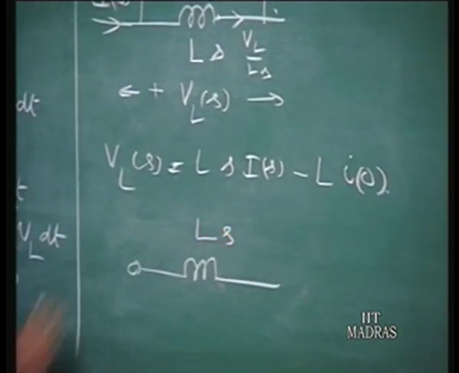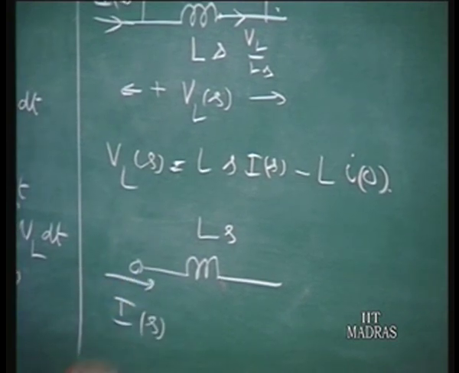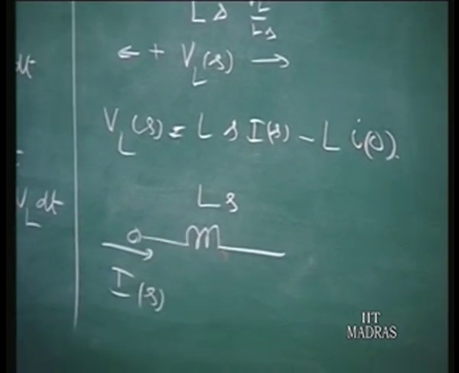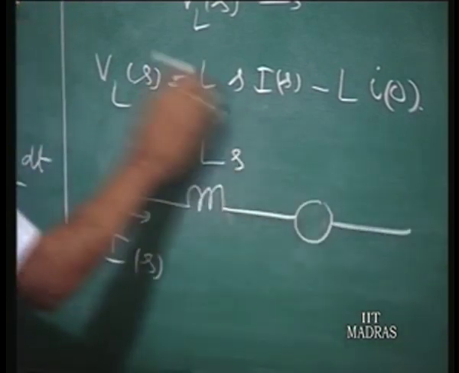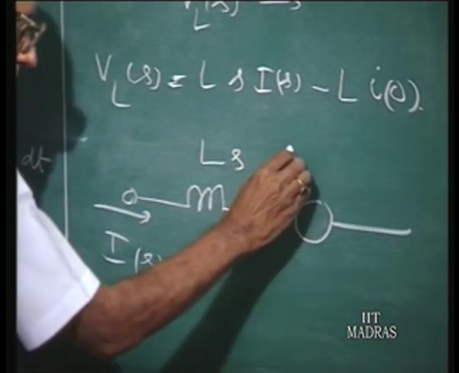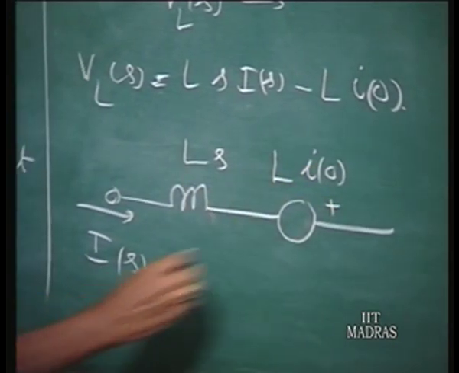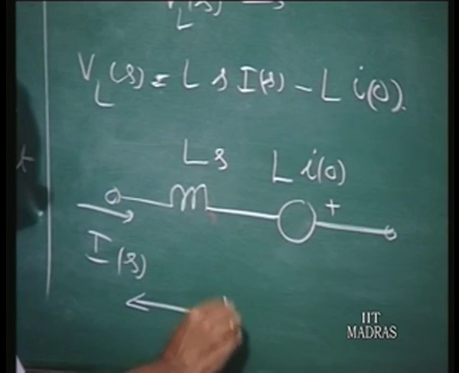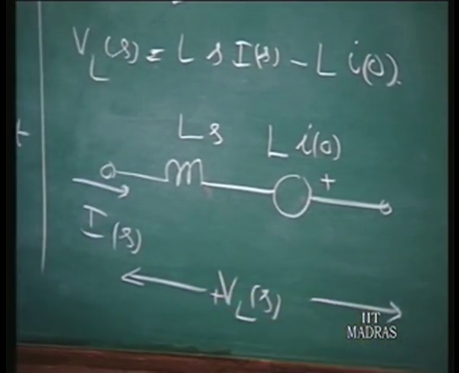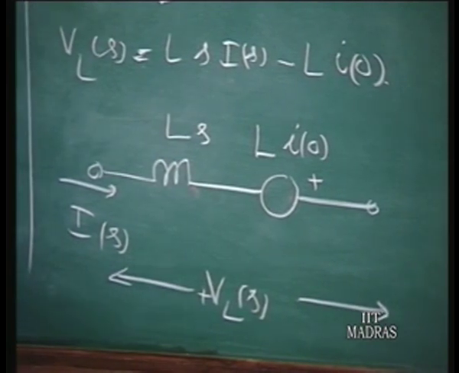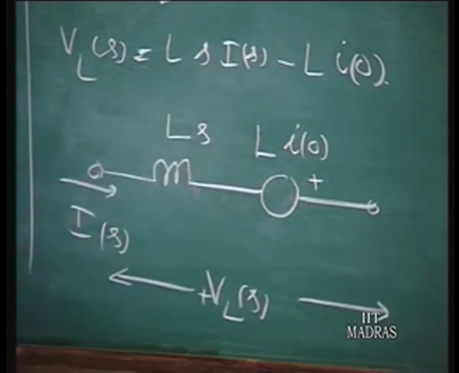So Ls is the generalized impedance, you have a current I(s), so that develops a voltage Ls times I(s). In addition, you have another voltage which is independent of I(s), therefore we can think of this as a voltage source L I0 with this polarity. So the total voltage then is VL(s). So we have VL(s) is I(s) passing through Ls, generating a voltage Ls times I(s) minus L I0. That's what we are having.